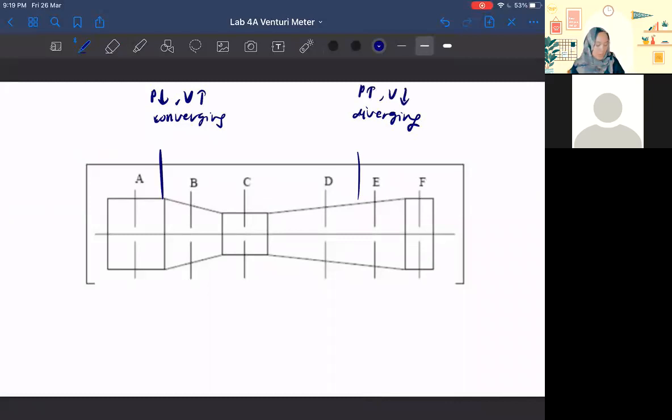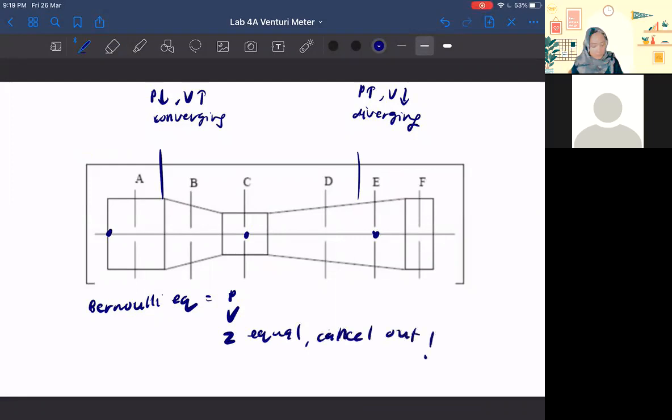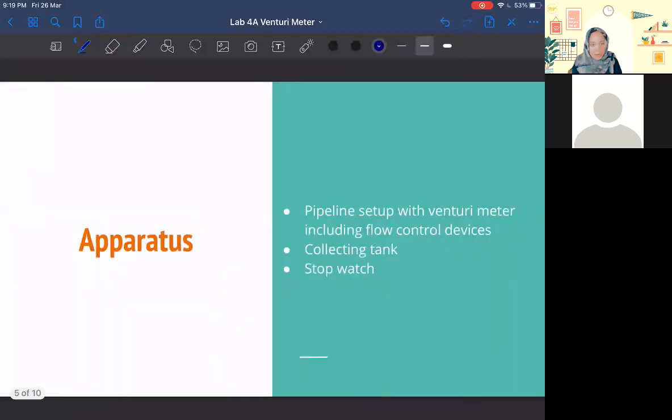So we can relate to the Bernoulli equation because it uses pressure and velocity while the elevation is the same. So Z is equal, so we can cancel out.